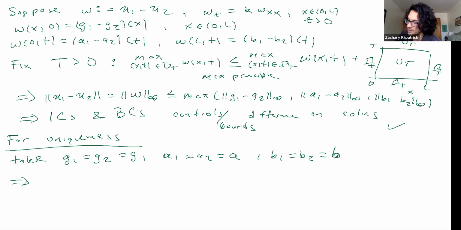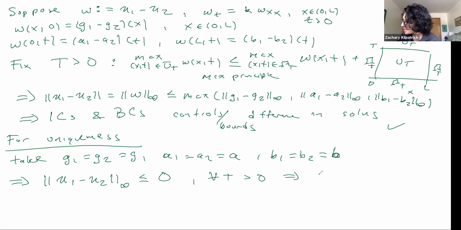Well, if U1 and U2 solve the exact same initial boundary value problem, then the entries in this function are all going to be 0. So what does that mean? That implies that the norm of U1 minus U2 is bounded from above by 0, basically for any t greater than 0. And so this implies that U1 has to be strictly equal to U2, okay?